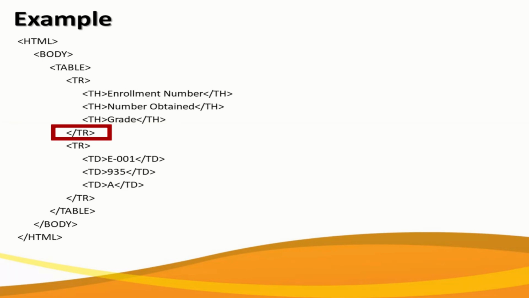That indicates that our row is completed and we have 3 columns in that row. Again we declare a table row by writing the tr tag, and under that we declare 3 td elements, which means table data, and close the tr tag, and finally close the table tag.